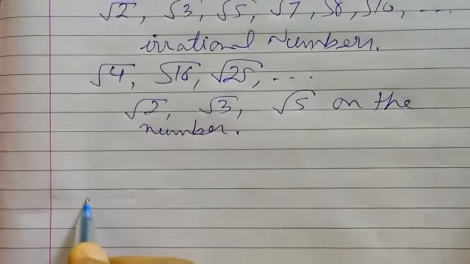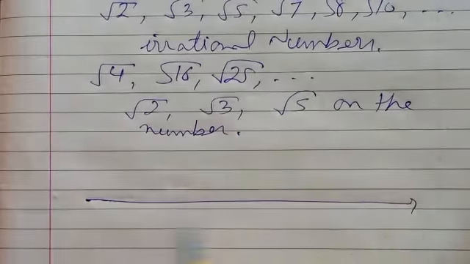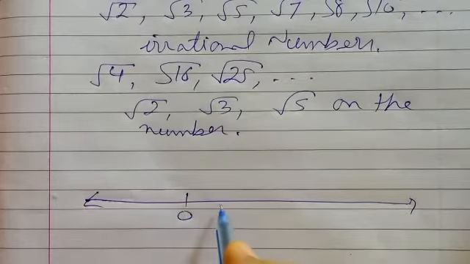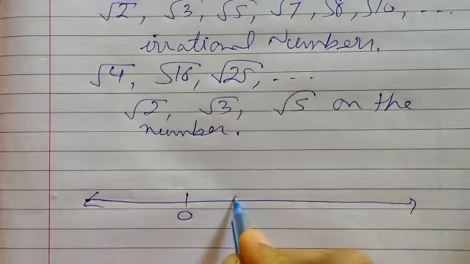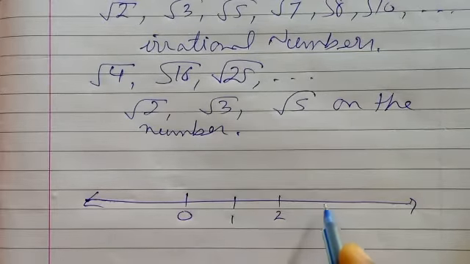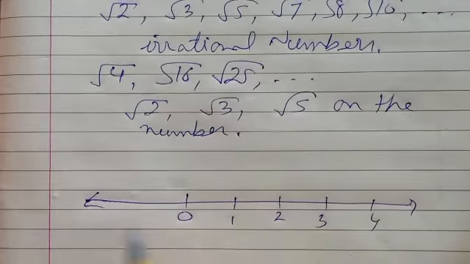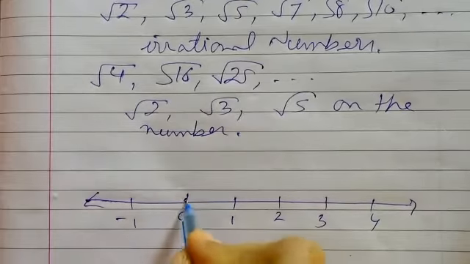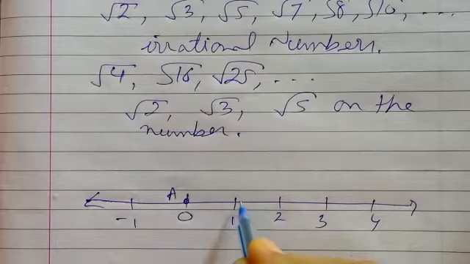Let us draw a number line. Mark the number 0 here. You can take equal intervals of say 1 inch, 1 centimeter, any. 1, 2, 3, 4, minus 1. Mark a point A here.